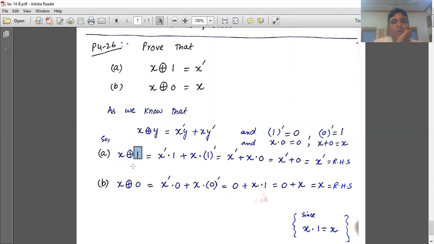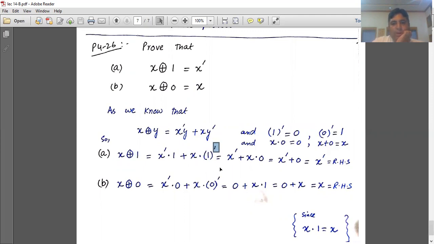So we will apply the right hand side here. The first term is x bar y, so x bar, and y is equal to 1, so we will write 1 here. And the other term is x y bar, so we will write x here, and y is equal to 1, so we will write 1's complement.